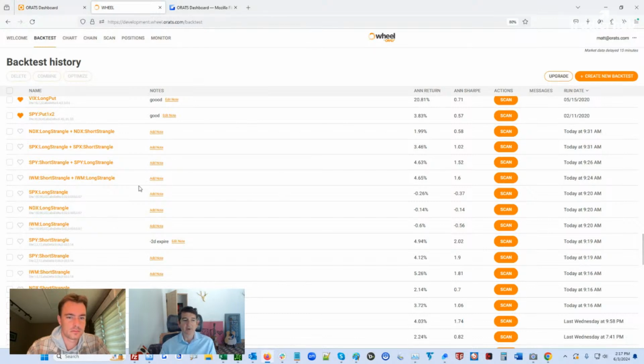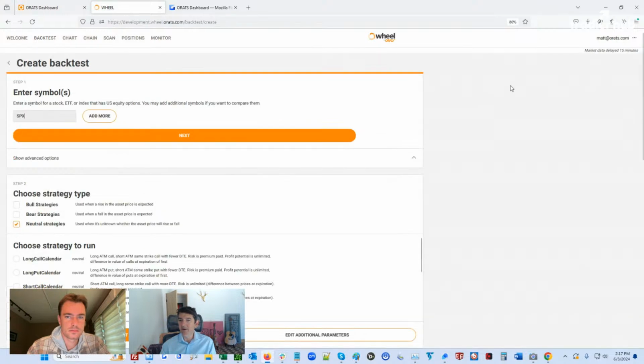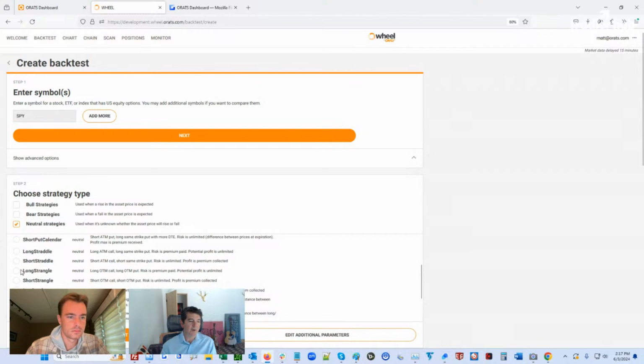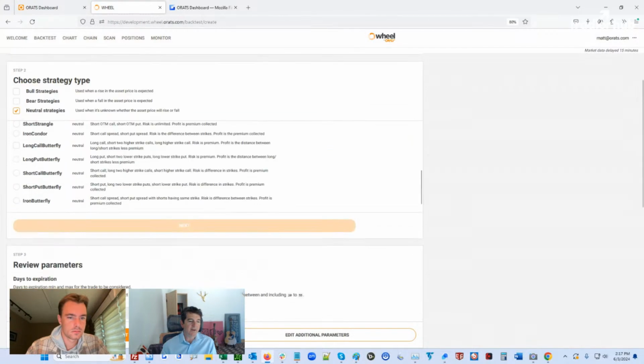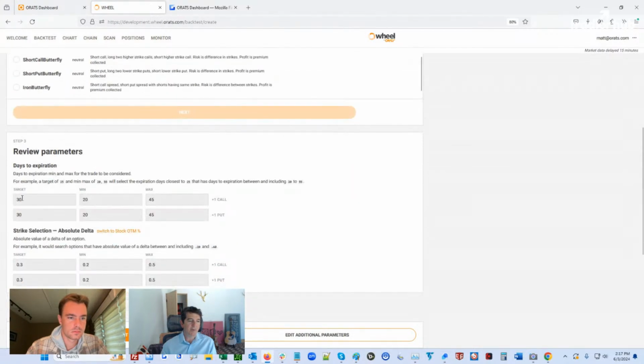If we were to press SPY neutral long strangle, nearer the money, shorter term, we have this in our backtest finder as well. But the point is that this is going to be losing 4 or 5%.